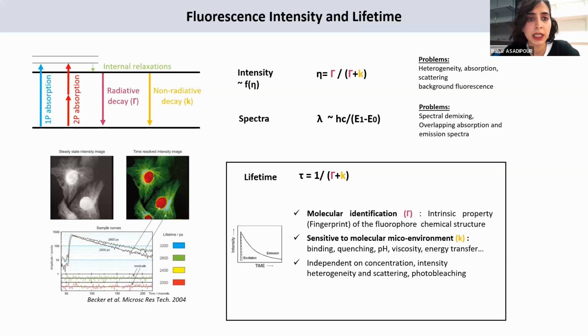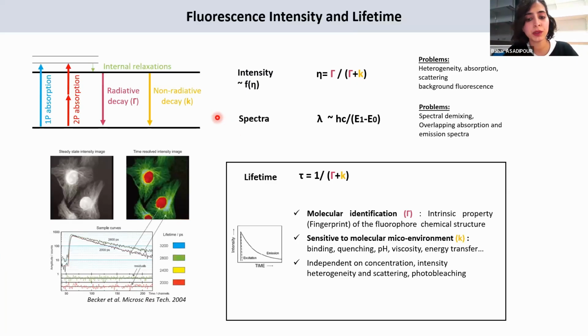So, fluorescence lifetime and fluorescence intensity. I'm pretty sure that everybody here already knows the phenomenon of fluorescence. Fluorescence is the absorption of electromagnetic radiation at a certain wavelength and then re-emitting it at a higher wavelength.